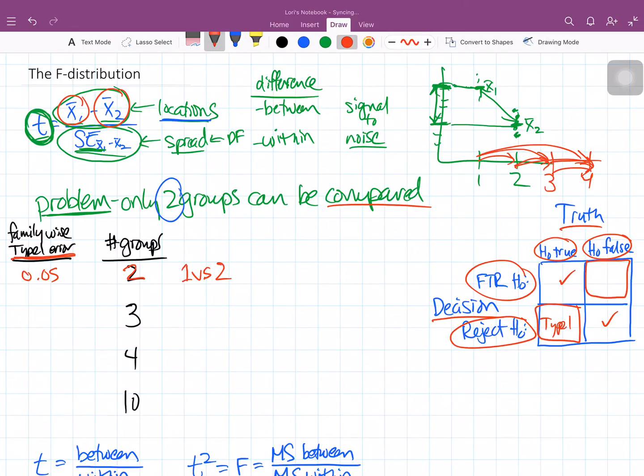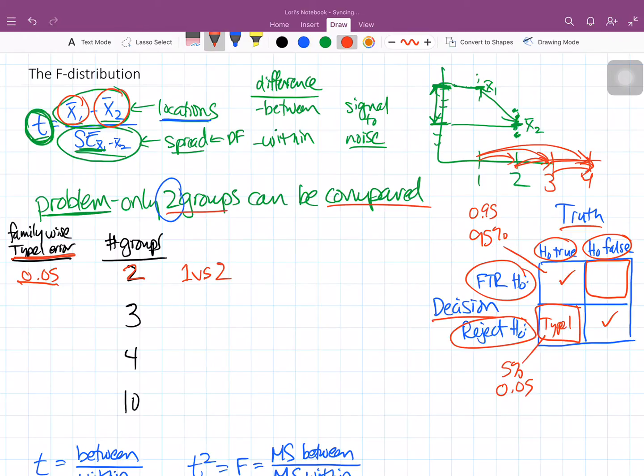And usually when we talk about a 95% confidence interval, that means here we have 95% and here we have 5%, or 0.95 and 0.05. So here's our 0.05 type 1 error that occurs. We have to set the cutoff someplace.